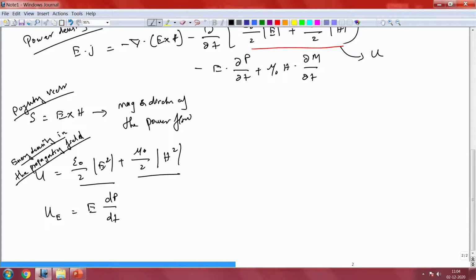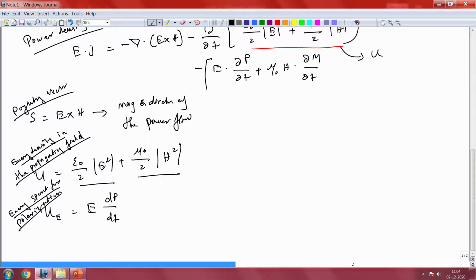So you are putting a certain energy into polarization. You spend this energy for the polarization of the atoms inside the medium. So this is energy spent inside the medium.